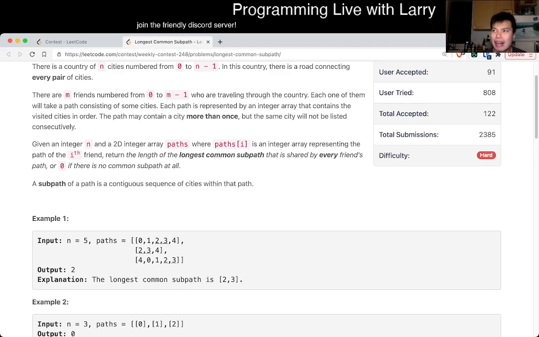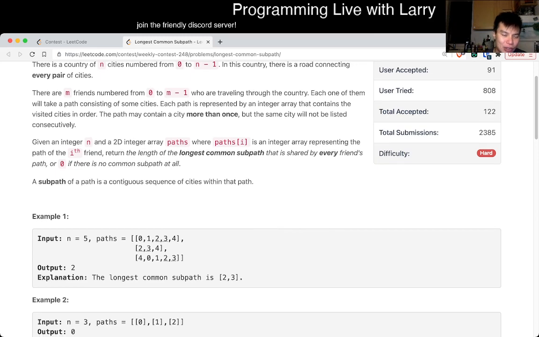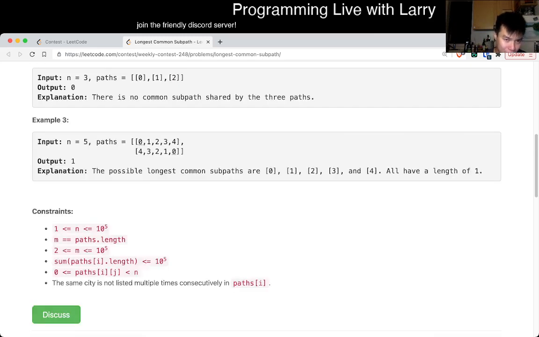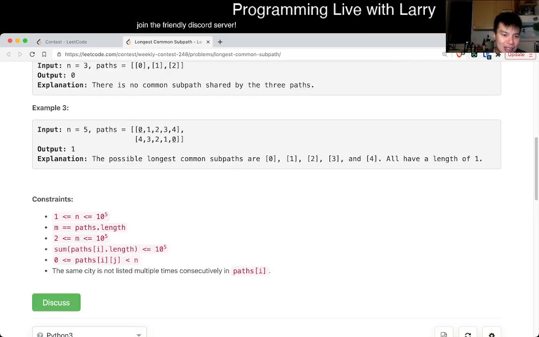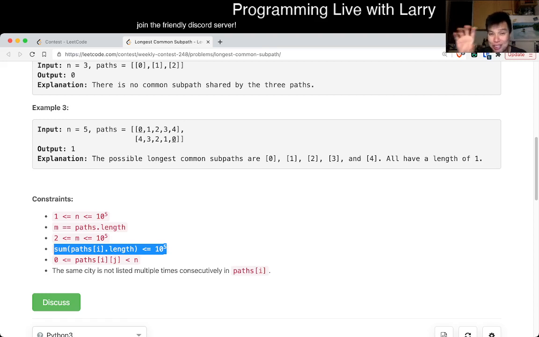But I have to do something tighter about the math, because I think the key part of the constraint is that the sum of the path lengths is 10 to the 5th. There is some math here that makes it, I cannot prove a tight bound on this one, or at least maybe my math is just bad. So if you know how to do the proof, leave it in the comments below.